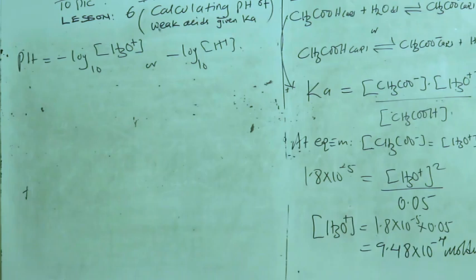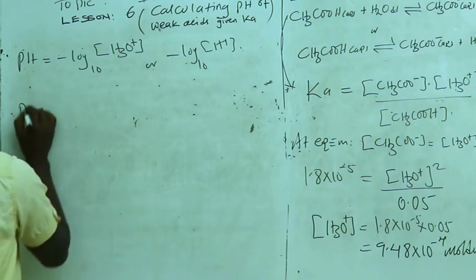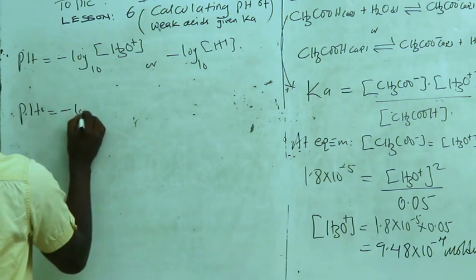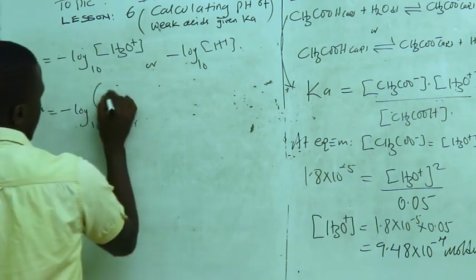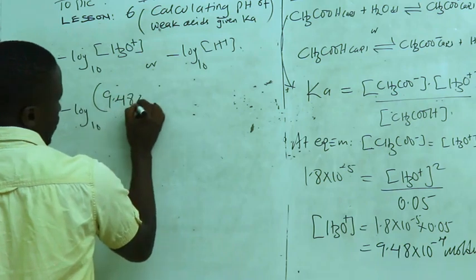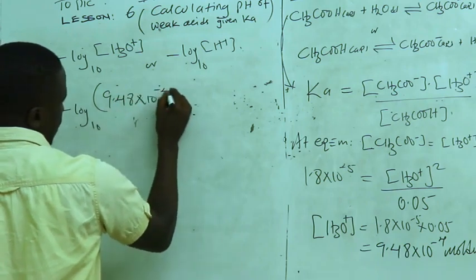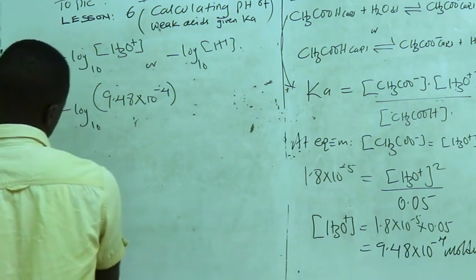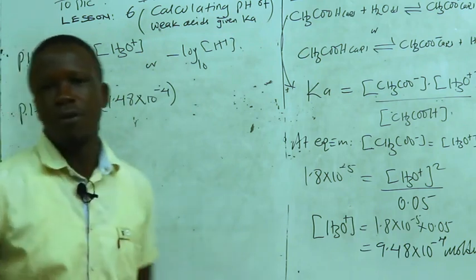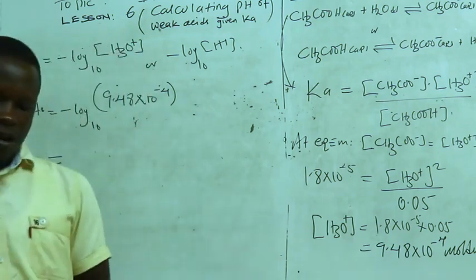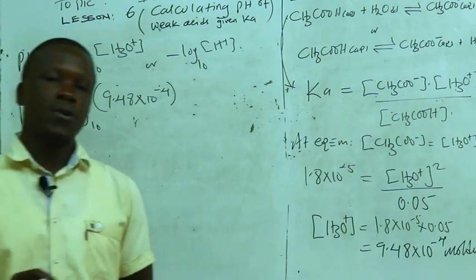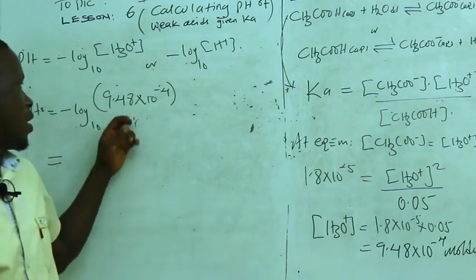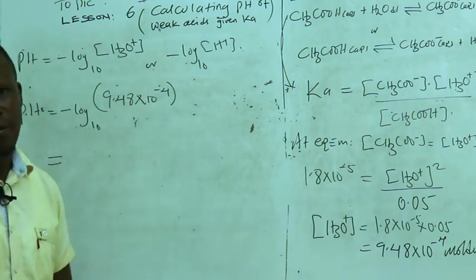Now, we can substitute. So pH is negative log base 10 of 9.48 times 10 power negative 4. You get your calculator, and then press negative log to base 10 of the molar concentration.